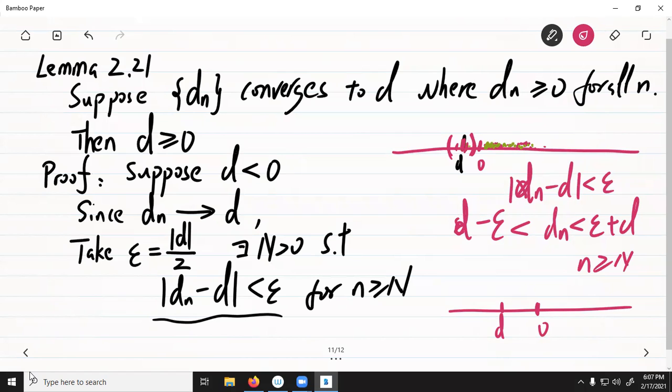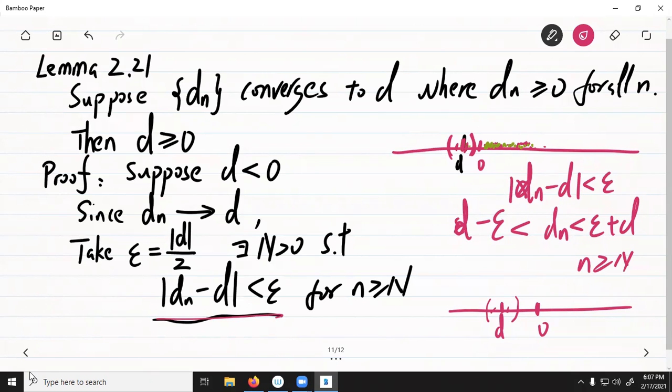So in other words, if you can prove that you have some interval around this d, after capital N, it's always inside. So we take the half length of this interval to be epsilon, because this represents an interval centered at d. How to take this interval to be on the left side?